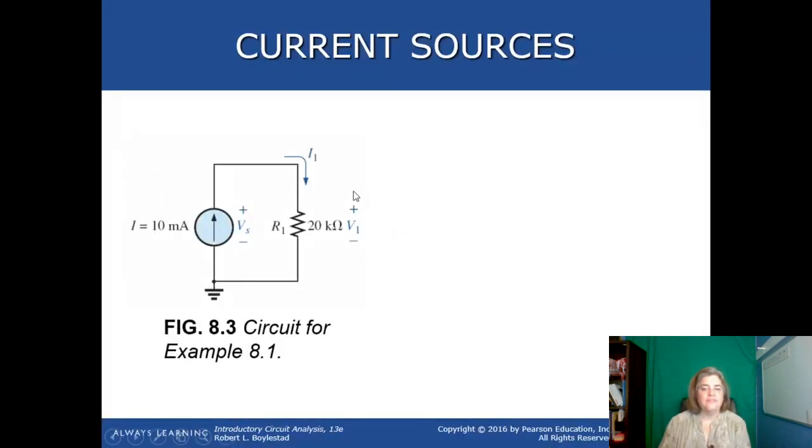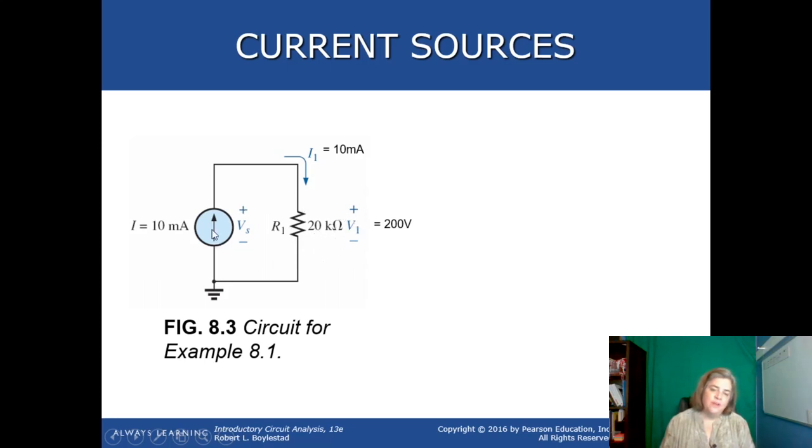So what do I mean by this? Well, instead of a voltage source here, we have a current source. And what this means is this 10 milliamps is the current through this branch. And since that's the current through V1 through R1, that's going to determine our voltage drop. So I1 is also 10 milliamps because it's in that same branch. 10 milliamps through a 20 kilo ohm resistor means we have 200 volts across that resistor.